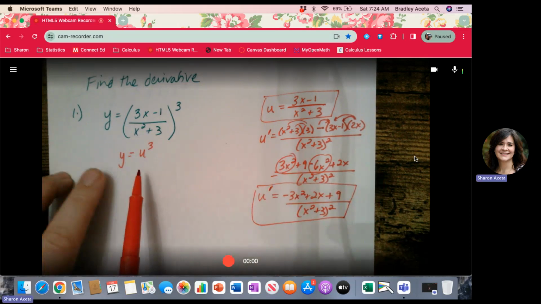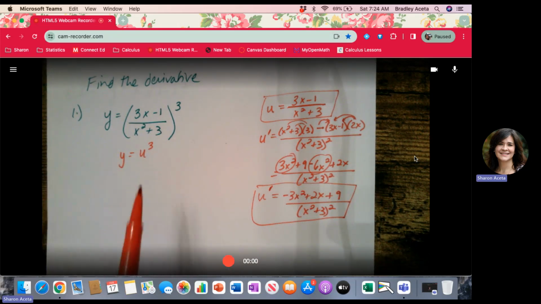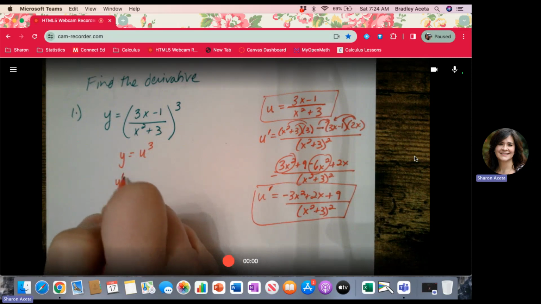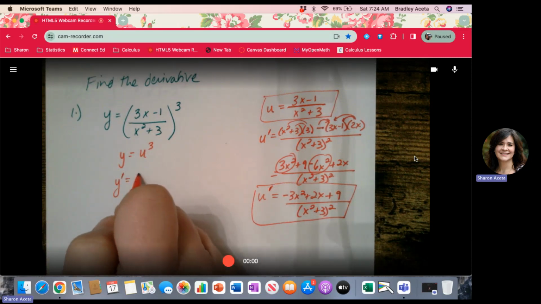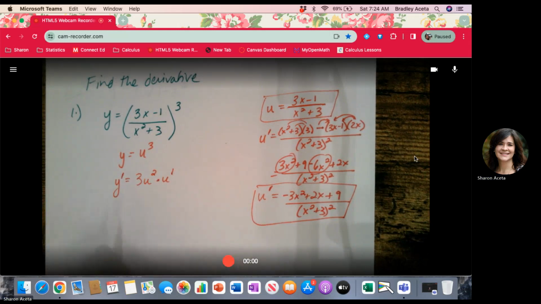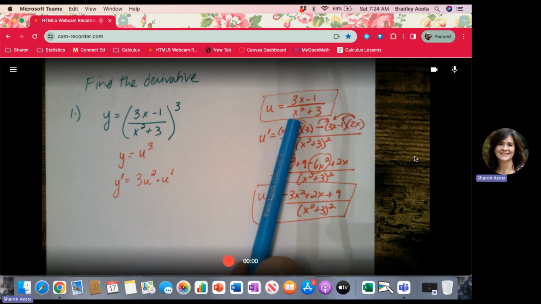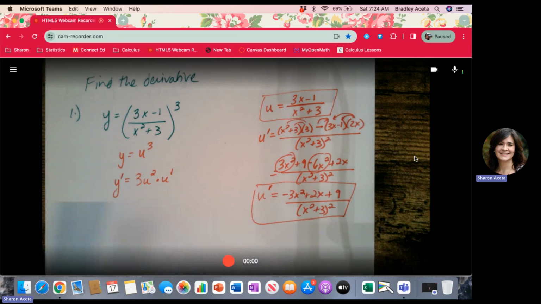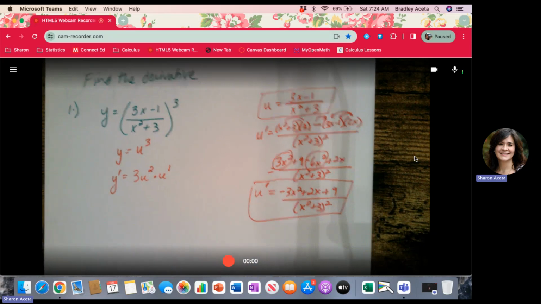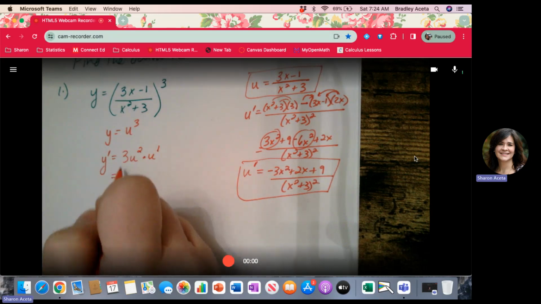All right, now let's go back over here. Let's take the derivative of u to the third. The derivative of u to the third is 3u squared times the chain. So what are we going to do now? We're going to replace the u with that u. We're going to place that u prime with that. And then we're going to simplify it. Okay? So let's bring down the 3.